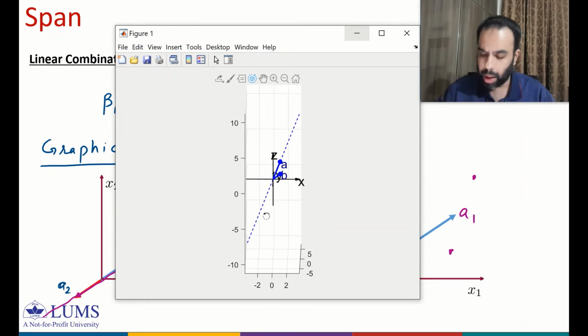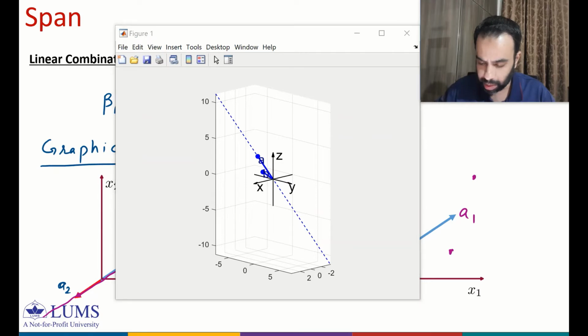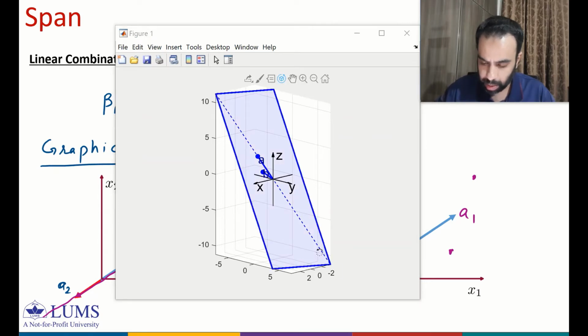Now if I want to find out the possible linear combinations of A and B, let me draw all of the points that represent their linear combinations. In fact, this whole plane, this two-dimensional plane, represents all the points which are possible linear combinations of A and B. This extends from minus infinity to infinity.